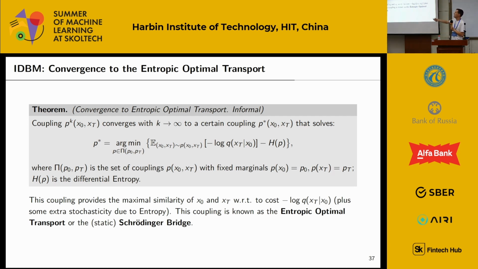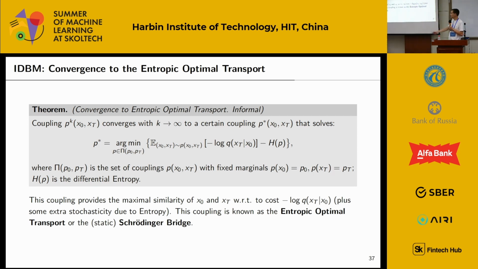So this coupling, which is recovered after convergence, is the coupling between two probability distributions P0 and P1. It's a translation from one domain to the other which minimizes some particular criterion.